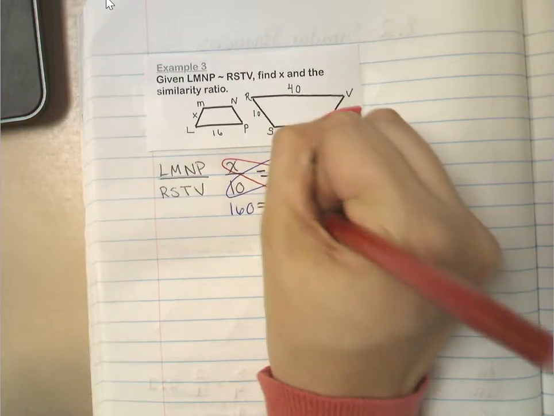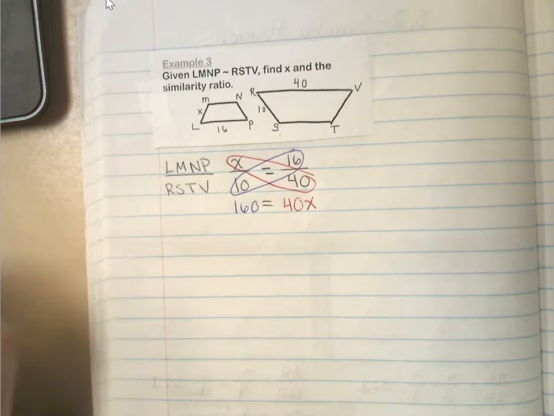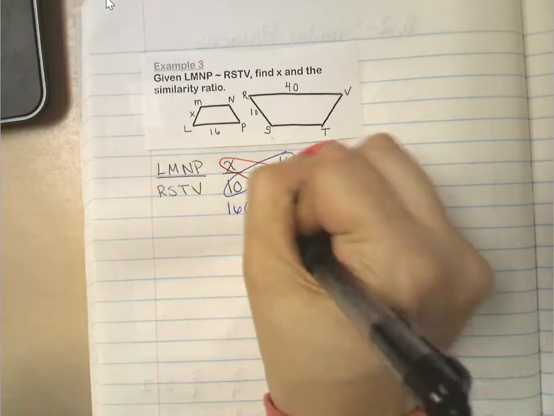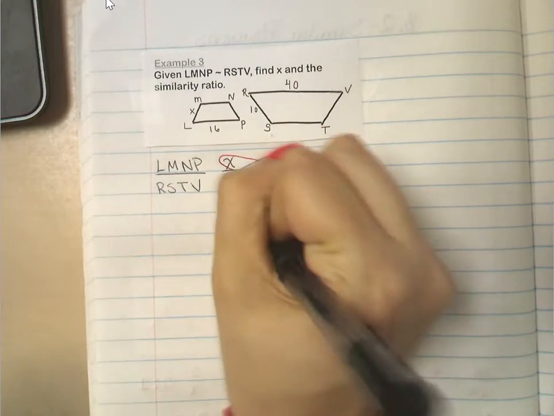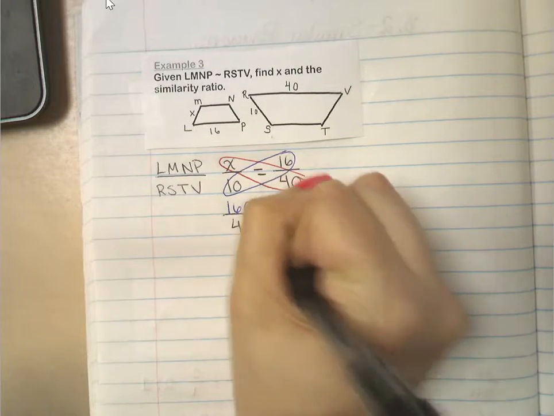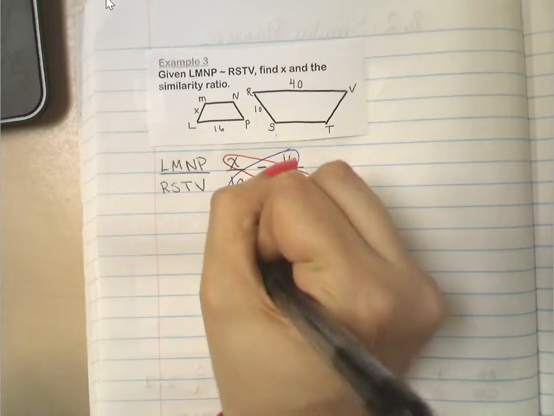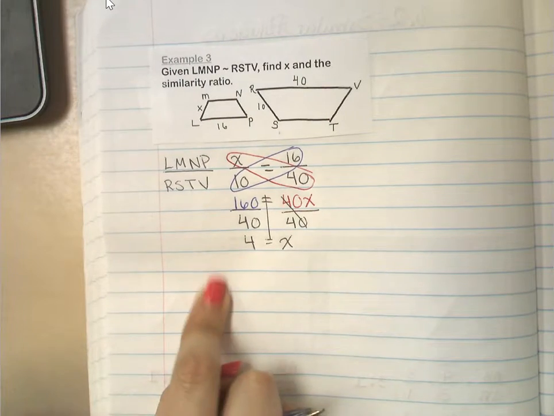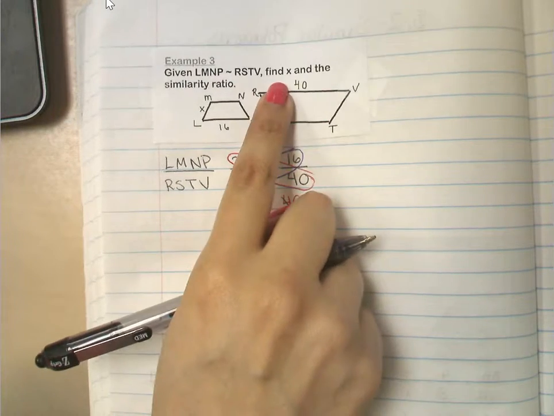So that's 40x. And so to solve this, I just need to get x by itself. So if I divide by 40 on both sides, I get x equals 4. 160 divided by 40 is 4. So I have my x value, which is one of the things they were asking me for.